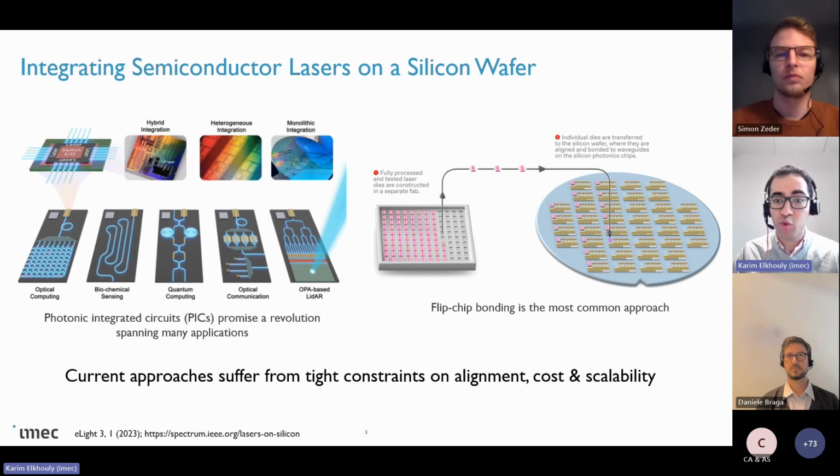So in this case, you have to make these lasers on a native substrate and then transfer them die by die onto the chips on the wafer. As you can imagine, this puts tight constraints on the alignment. Actually, these lasers have to be placed with sub-micrometer alignment, also the cost and the scalability. Although this approach is already extremely mature, you can see that if you want to put a large number of lasers on your substrate, then you have a problem.